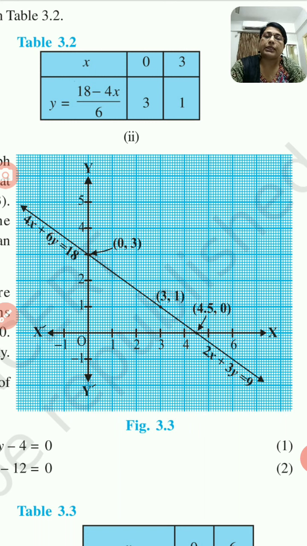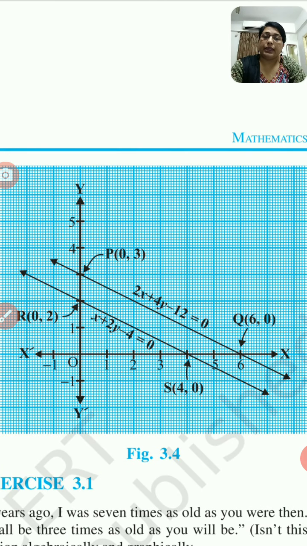Any point from this line can be taken as the solution of the pair of linear equations. In the third example, both the lines are parallel lines, so we will not get any solution for this pair of linear equations in two variables.